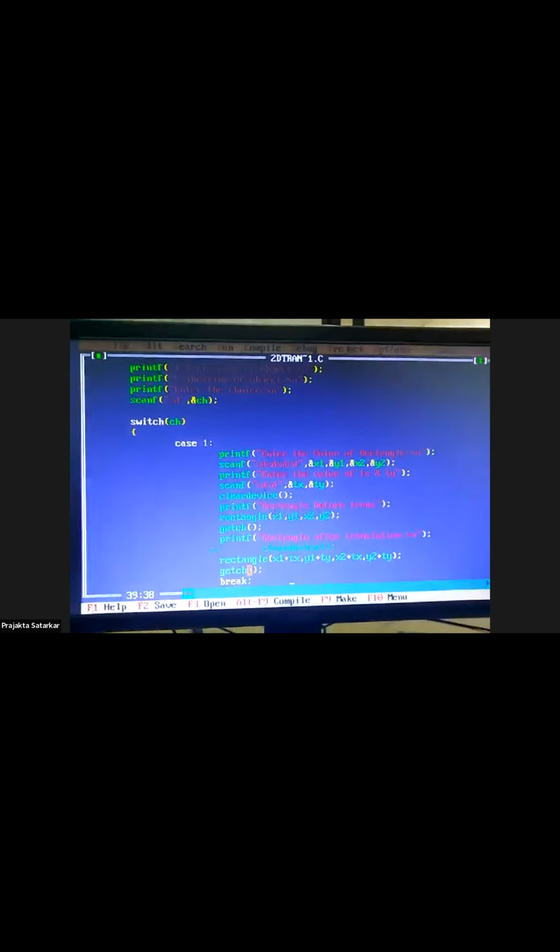Okay, so the next operation we are going to see is rotation.